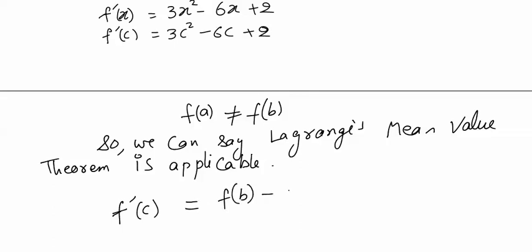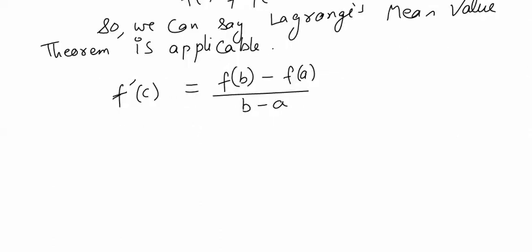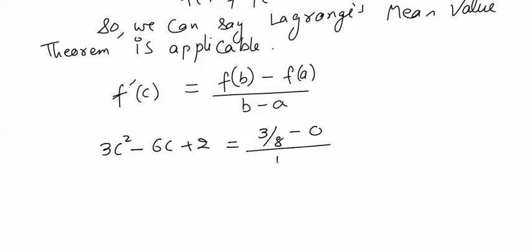f dash of c is nothing but f of b minus f of a upon b minus a. f dash of c is 3c square minus 6c plus 2. What was f of b? It was 3 by 8, minus 0 upon 1 by 2 minus 0.